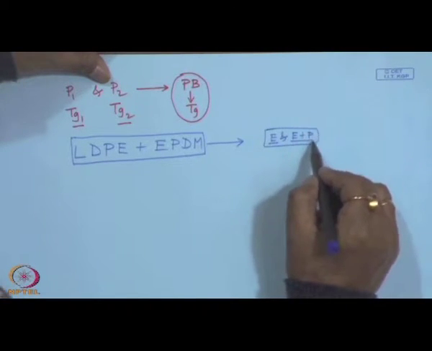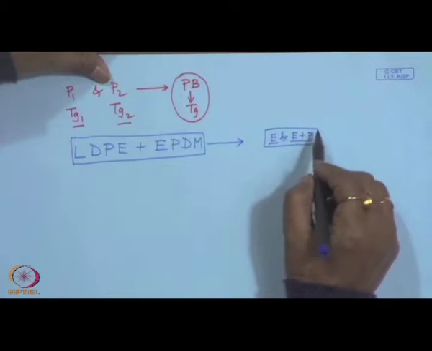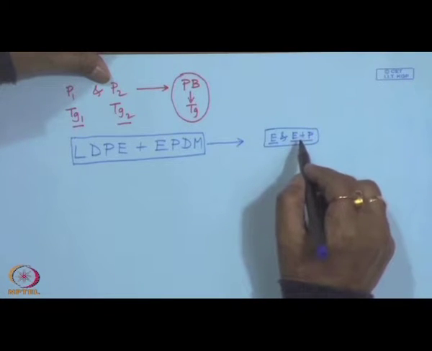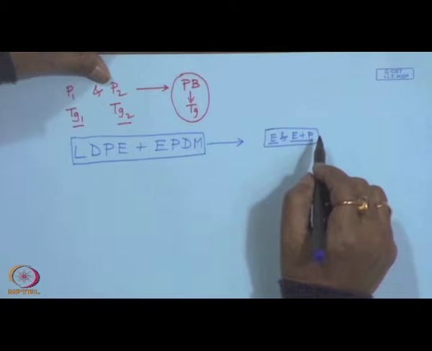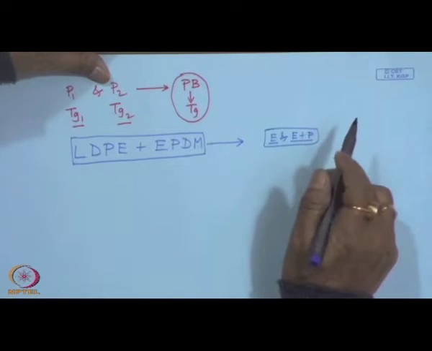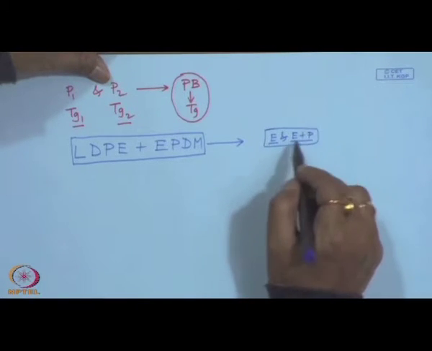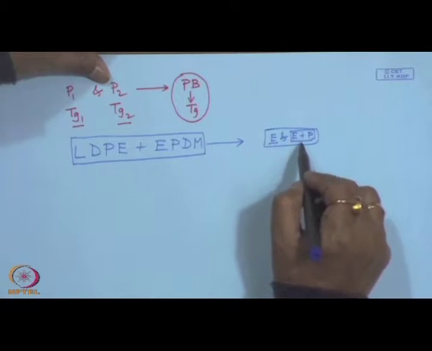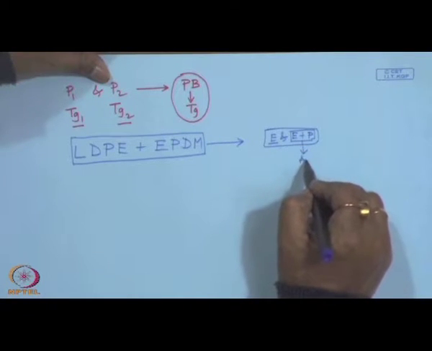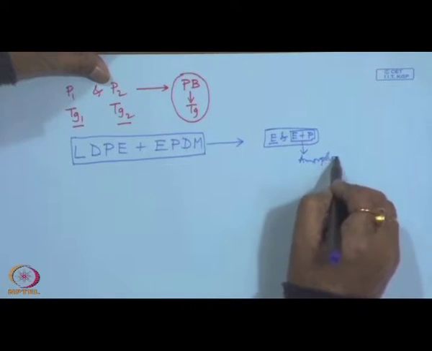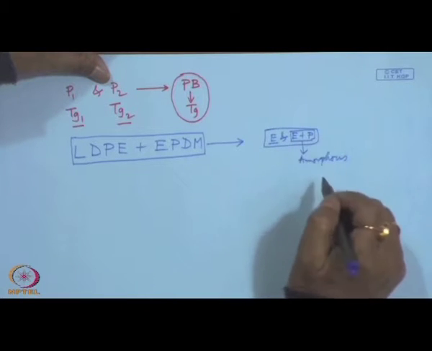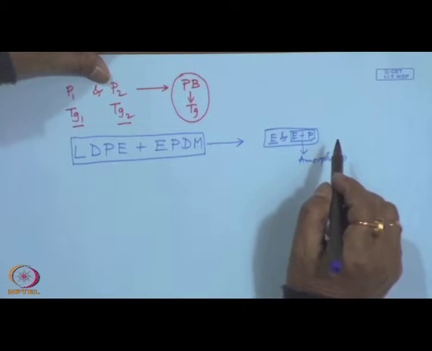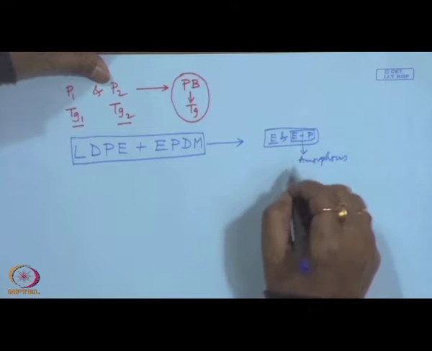If some crystallinity could be developed in this ethylene propylene domain, it will provide a further synergistic effect. If that crystallinity could not be developed and it remains amorphous, then this amorphous EPDM will show a non-synergistic effect.